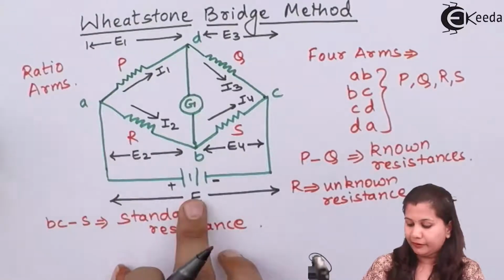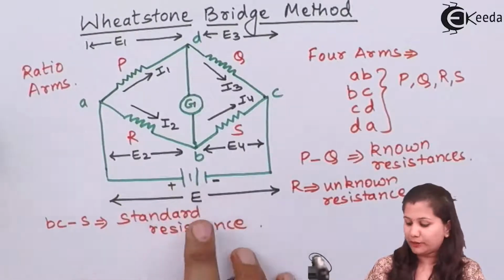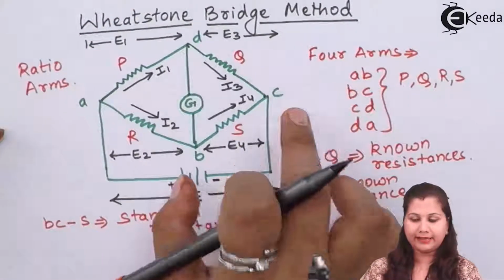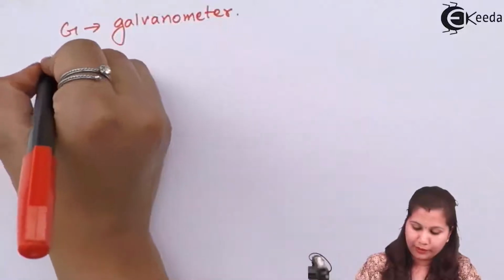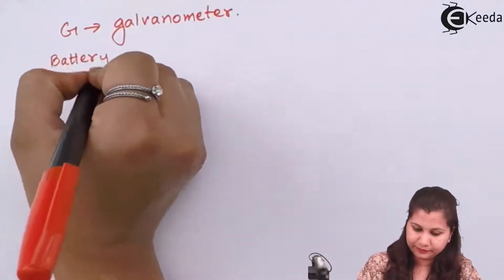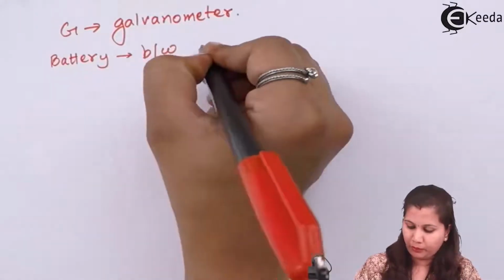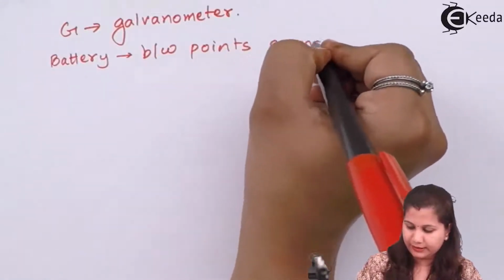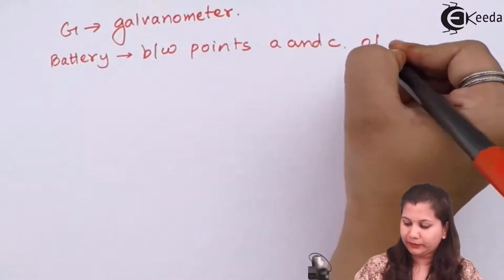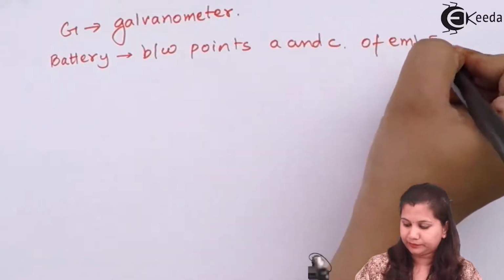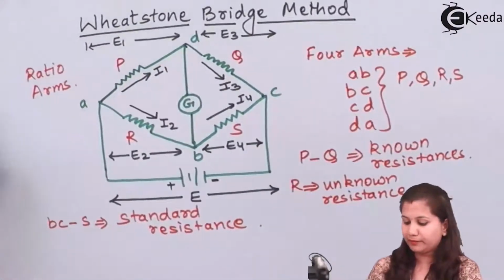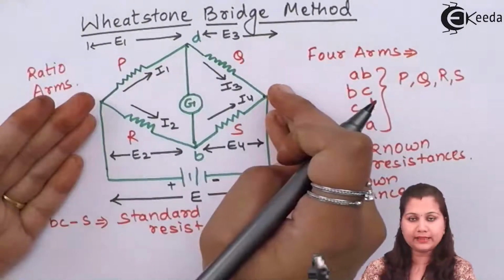Then an EMF or a battery is connected, which is providing the EMF E between the points A and C. So the battery of EMF E is connected between points A and C. E is the total voltage between the points A and C.